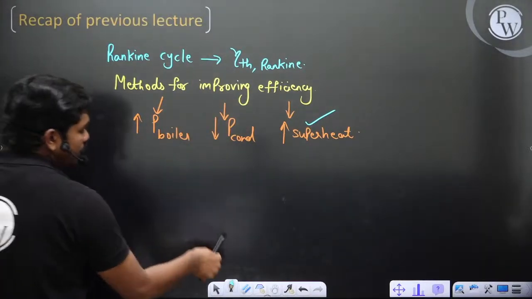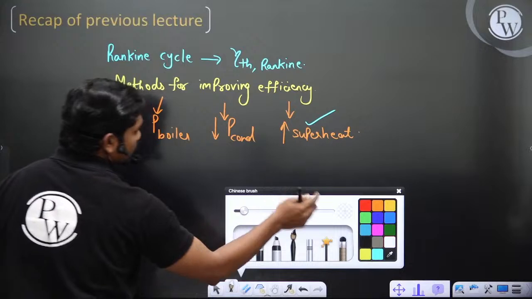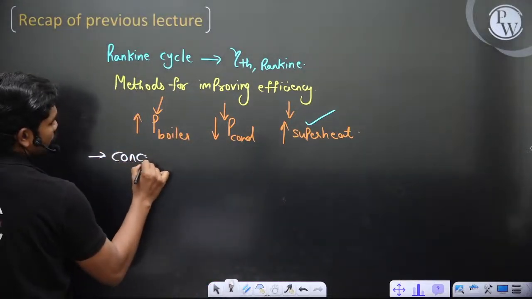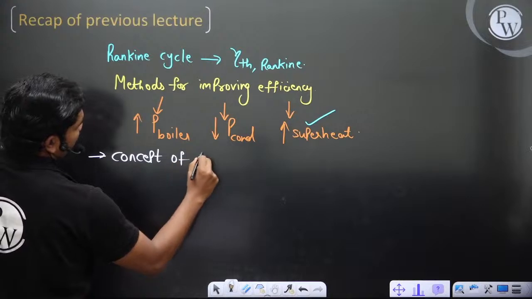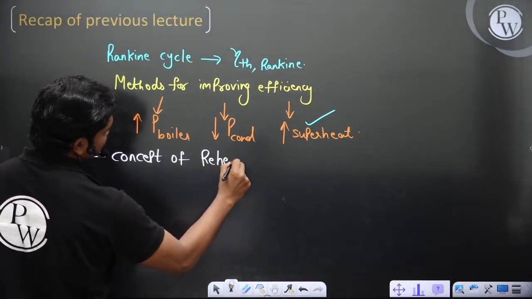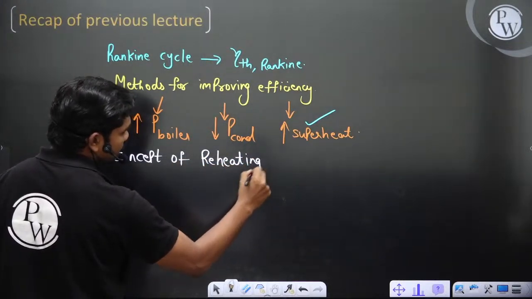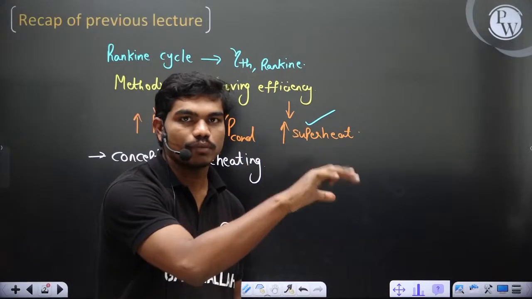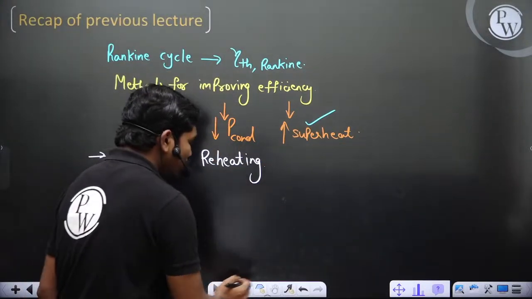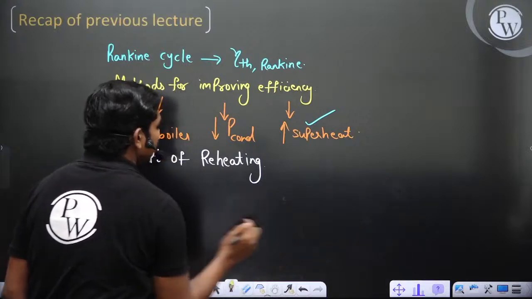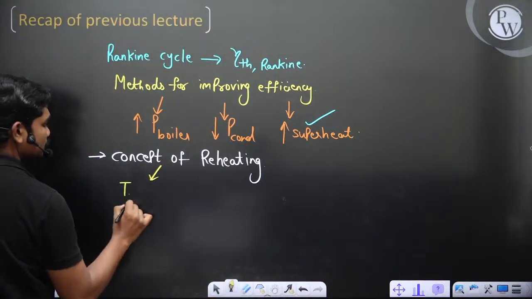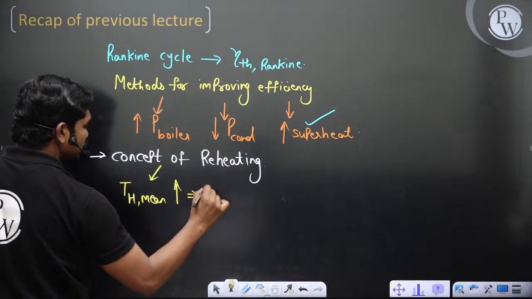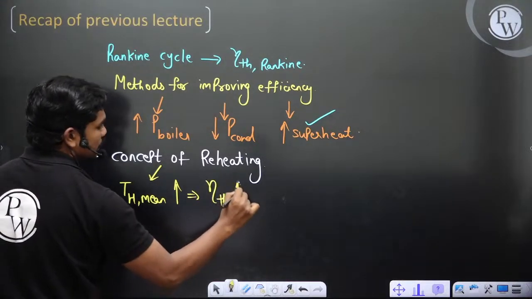Then we also saw the concept of reheating in Rankine cycles. There are two turbines, and in between the two turbines there is one more heating going on. Because of this reheating, the mean temperature of heat addition increases, and as a result the thermal efficiency increases.